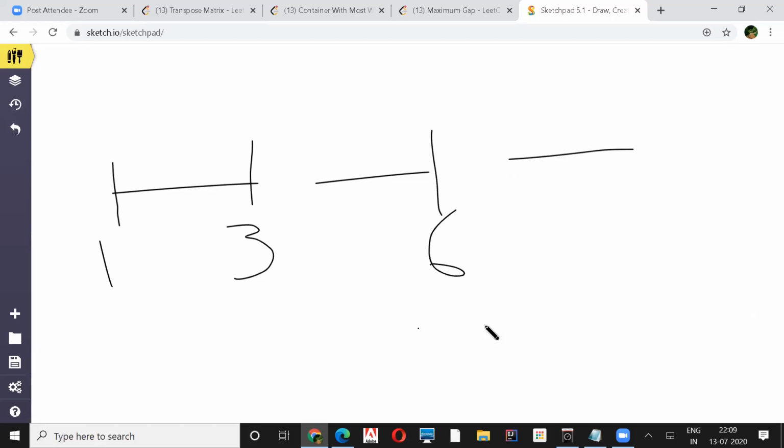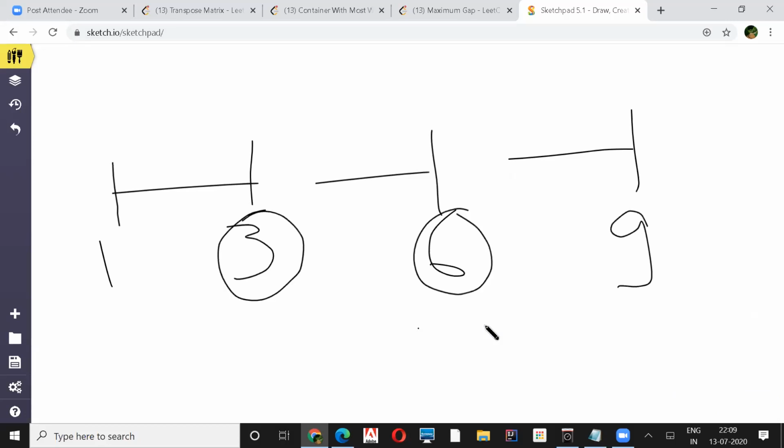Like initially, 1 was here, 3 was here, and 6 is here, and 9 is here. So earlier we were taking the difference between these two. Let's say the maximum of the previous bucket, in this case, is right at 1.